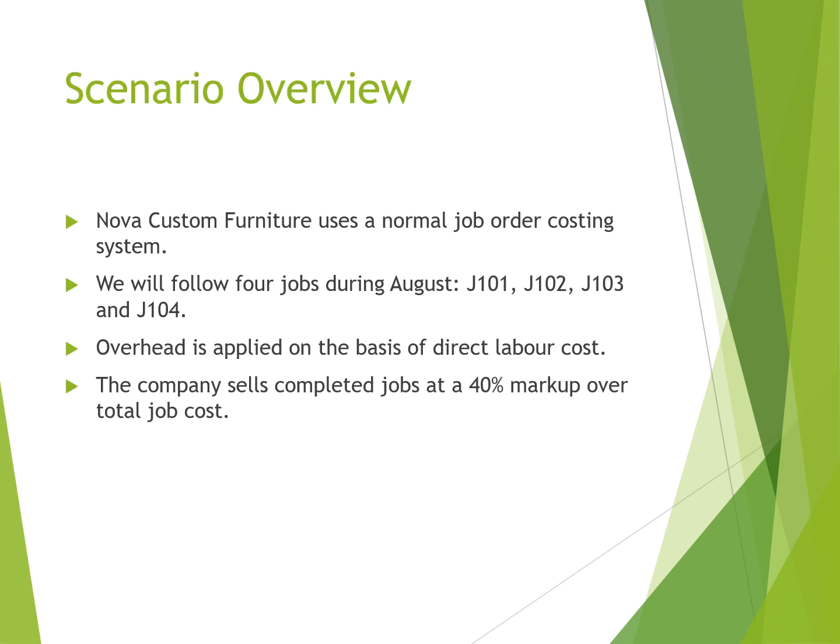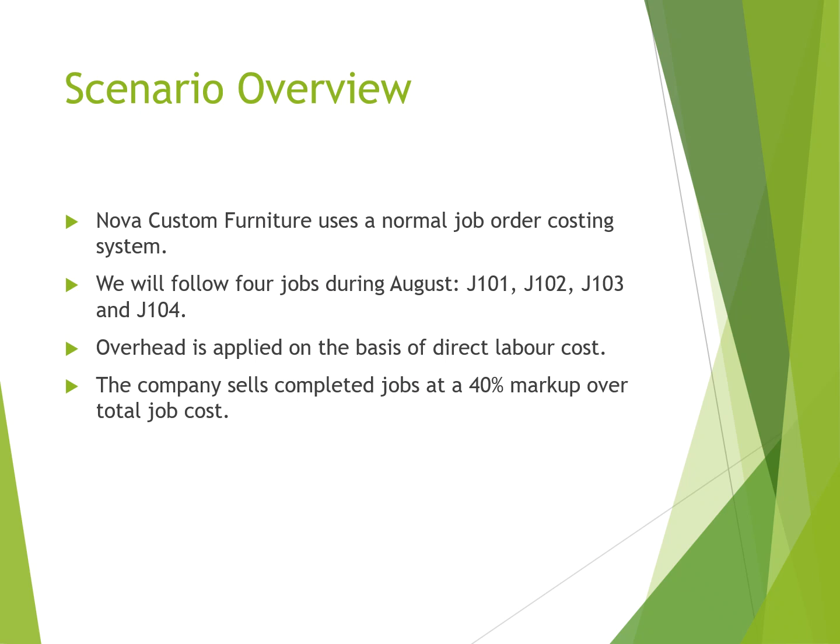Nova Custom Furniture uses a normal job order costing system. That means we apply manufacturing overhead using a predetermined rate, not the actual overhead. In August, we worked on 4 jobs: J101, J102, J103, and J104.